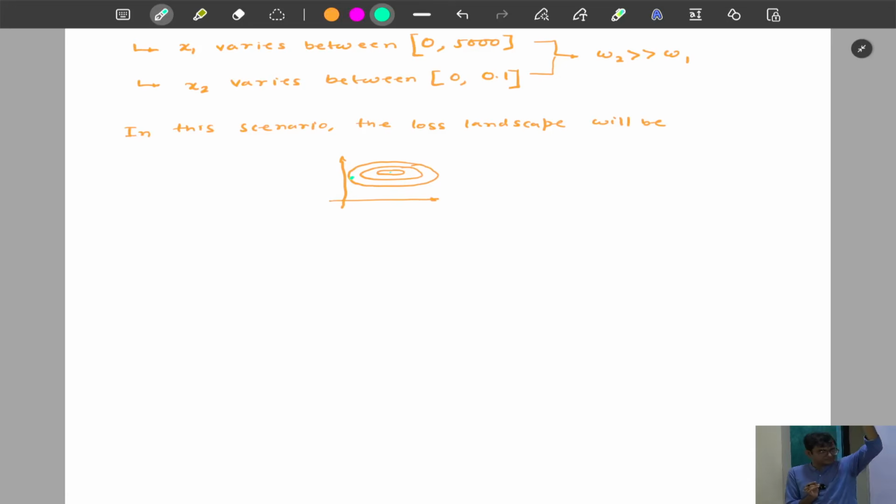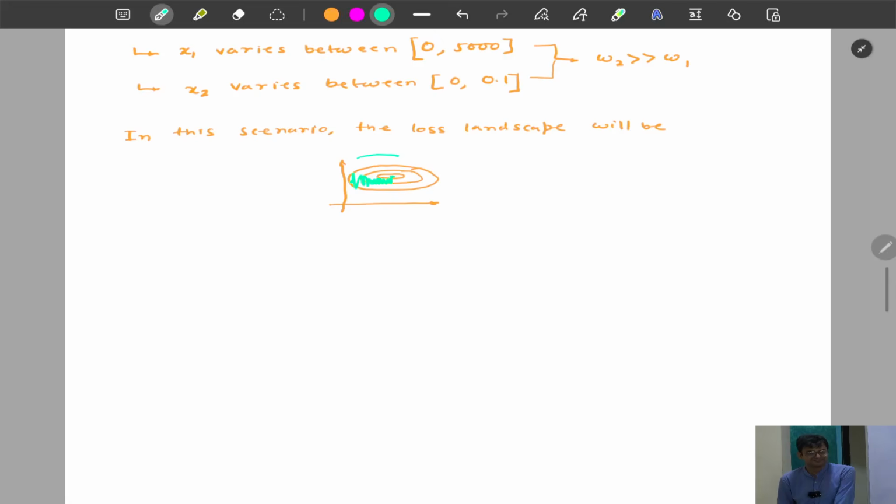So it will move something like this, right? Is this a good convergence? Not at all. It should have moved more in the other direction. A good convergence would have been something like this, the best convergence. Instead of that, because of this gradient, it is going up and down.